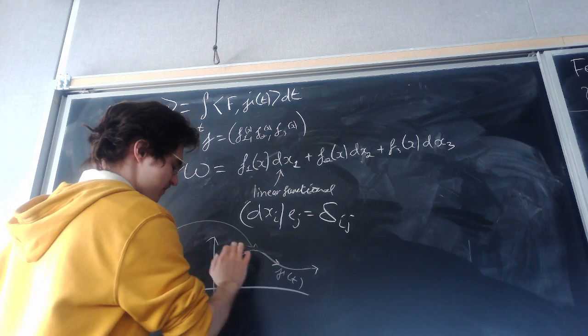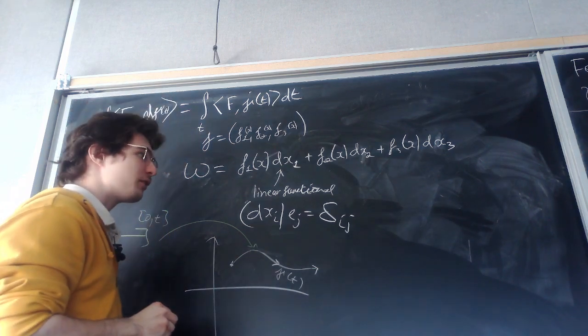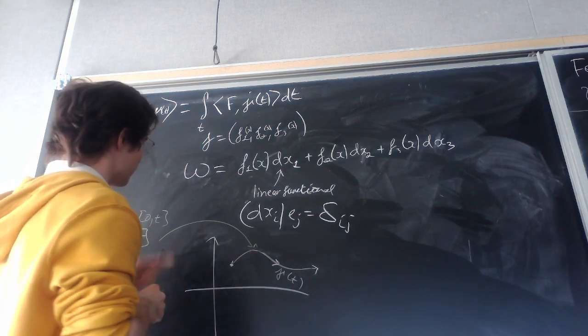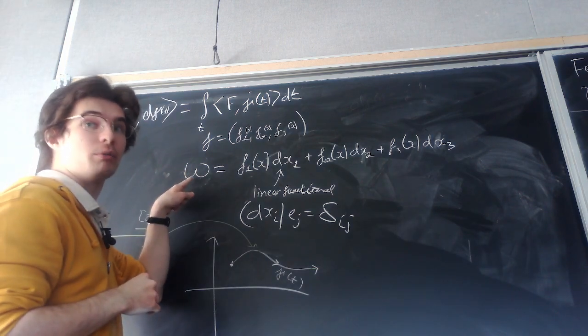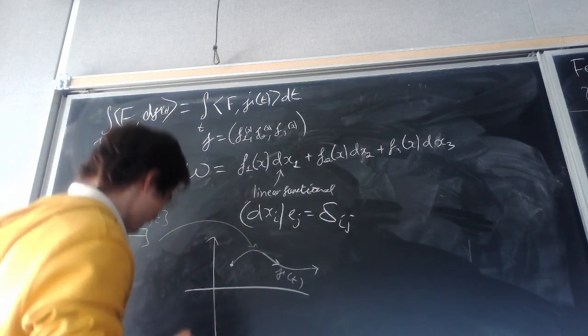So this is called the pullback of omega under gamma.